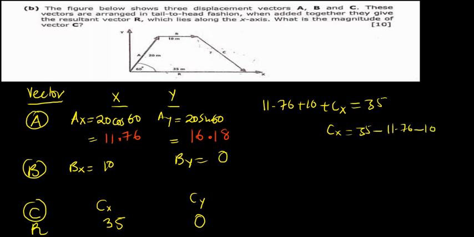If you have a calculator, you can be sure to punch that. So 35 minus 11.76 minus 10. What do you get?